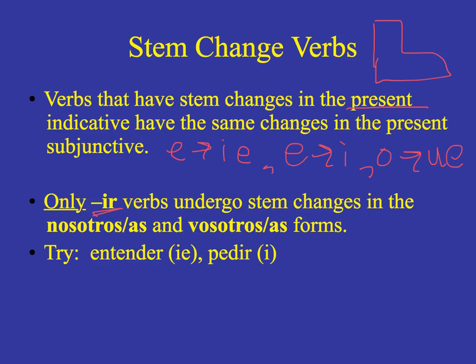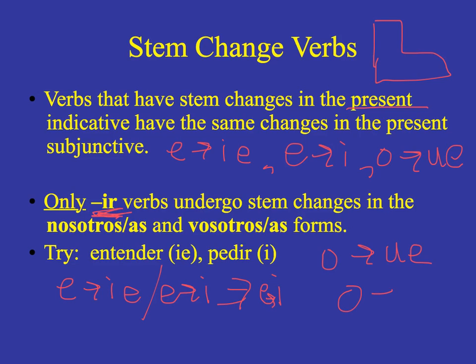IR verbs, so think of your IR stem changers in the preterite, have an additional change in the nosotros and vosotros. So E to IE and E to I will also have E to I in nosotros and vosotros. That's an E changing to I. O to UE verbs will change in the boot, and then it will change O to U in nosotros and vosotros.